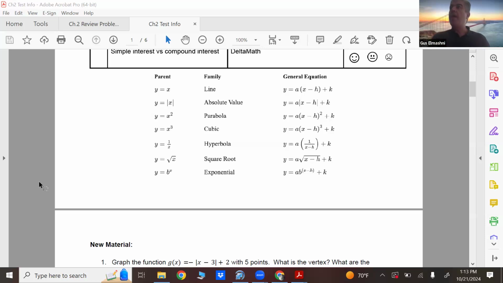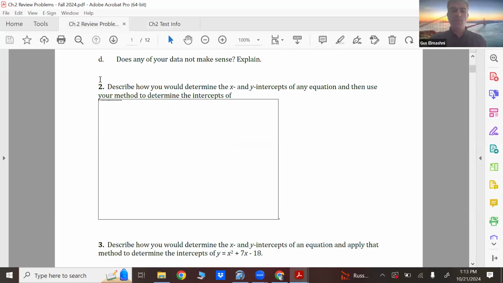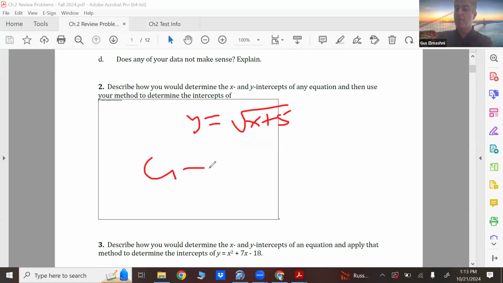What does a do? A causes the graph to flip if it's negative, and it stretches the graph. If it's bigger than 1, it stretches, less than 1, it compresses. Hope that's intuitive. The h does this, horizontal, and the k does this, vertical. That's all they ever do. So in this case, if I have y equals root of x plus 5, what's my a value? 1. I don't see anything being multiplied. Now, careful with this one. What's the h value?